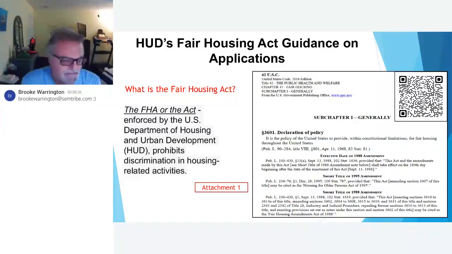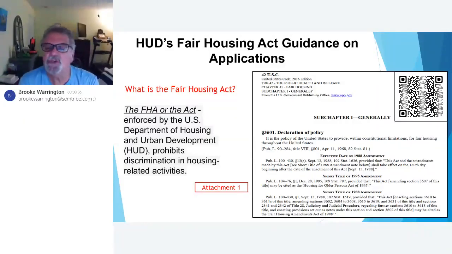Sometimes it's referred to as FHA. That is not the mortgage FHA. This is the federal Fair Housing Act, enforced by the Department of Housing and Urban Development. That's HUD. It prohibits discrimination in housing-related activities across the board, whether you're public sector or private sector.